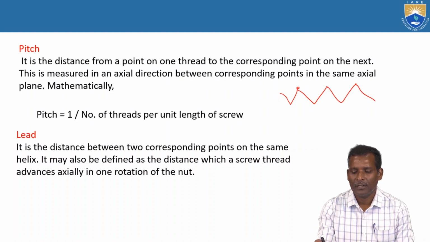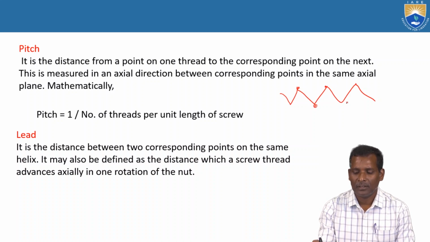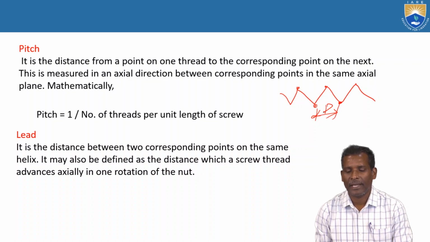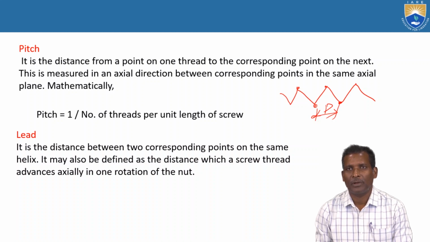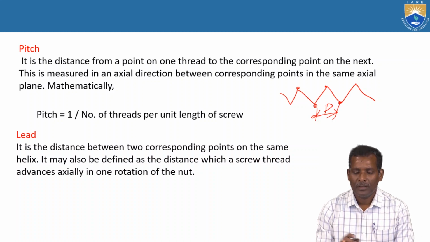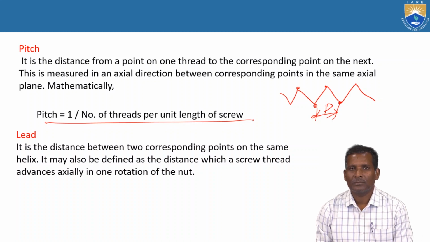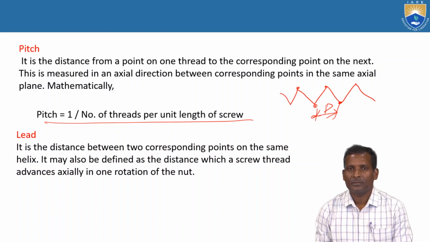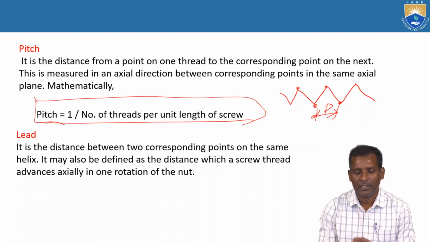One point to the next point of the thread, the distance between these two in the axial direction, measured in an axial direction between corresponding points in the same axial plane. So pitch is equal to 1 by the number of threads per unit length of the screw. That is pitch. You can represent it mathematically like this.